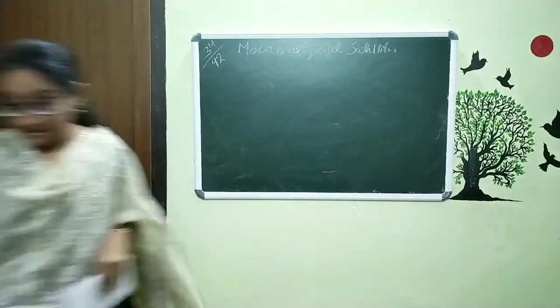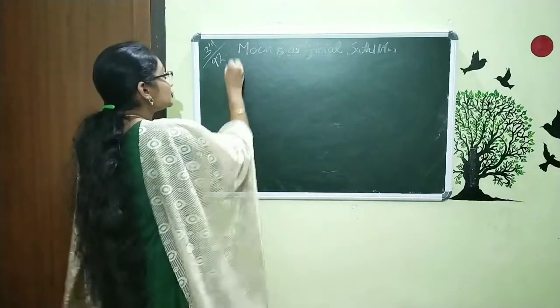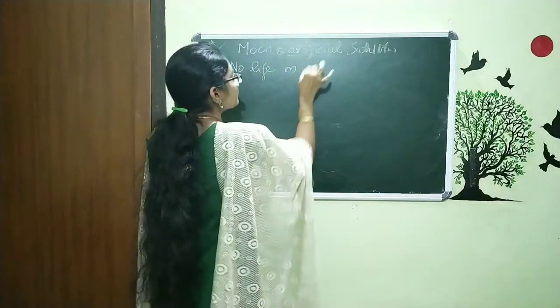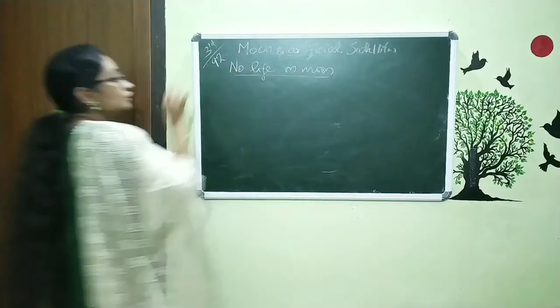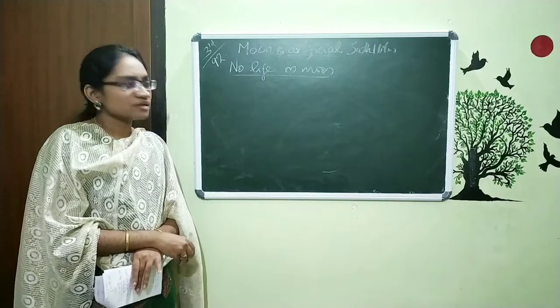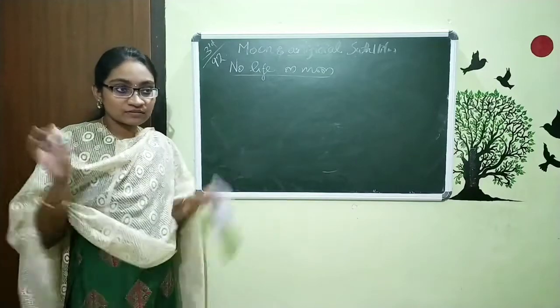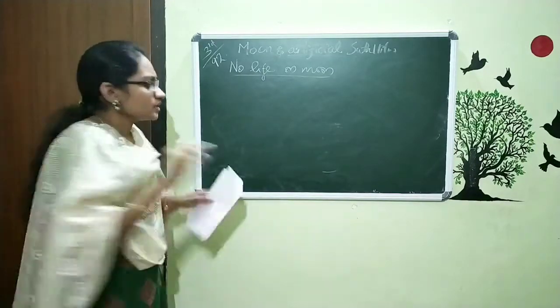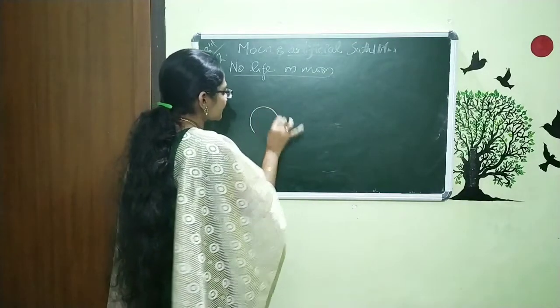The thing is this, there is no life on the moon. And why? First we can start from here. On our earth, why does life exist? There are proper reasons.